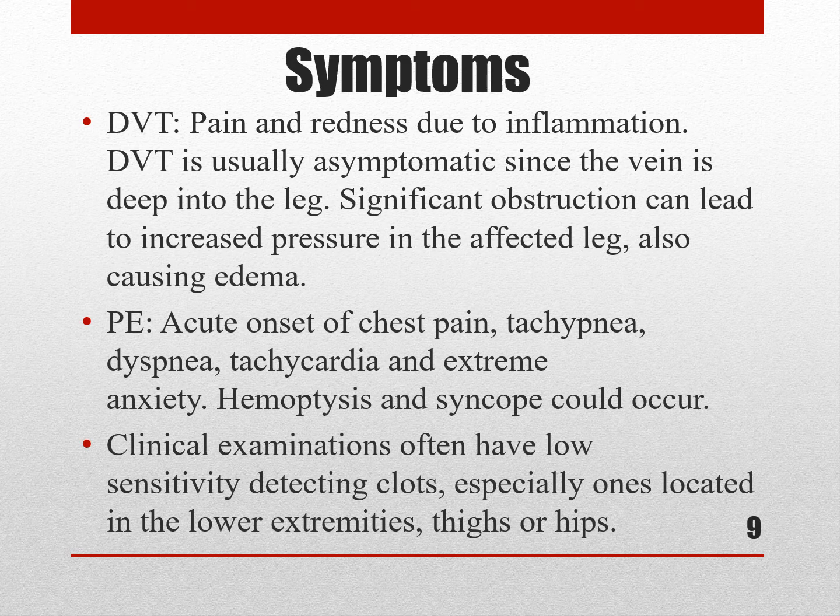And so once that blood clot in the lower extremity dislodges to the pulmonary system, as I said, this is when we'll start to see symptoms which include sudden shortness of breath, sudden chest pain, increase in heart rate and respiratory rate, difficulty breathing, and extreme anxiety. As well, throwing up blood or hemoptysis and syncope are also possible.